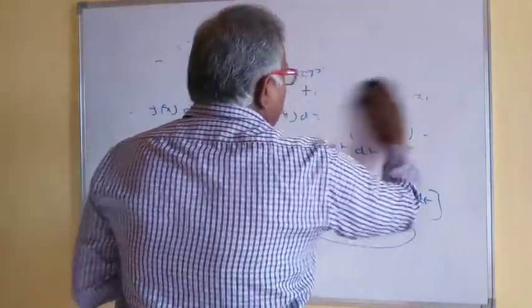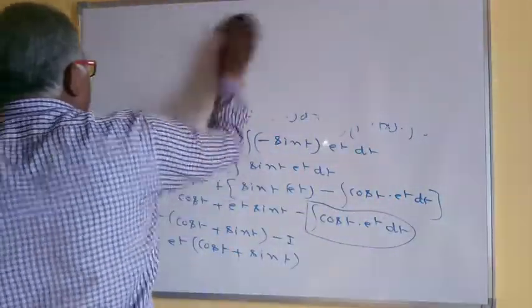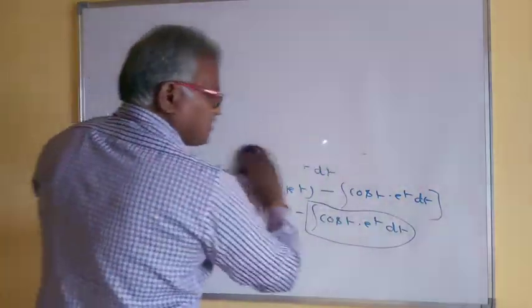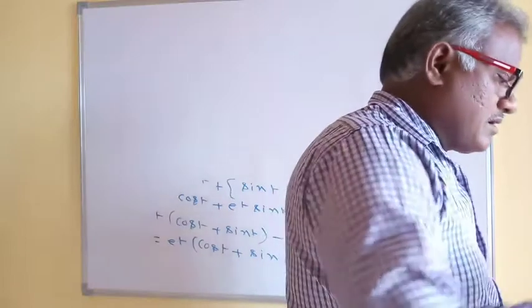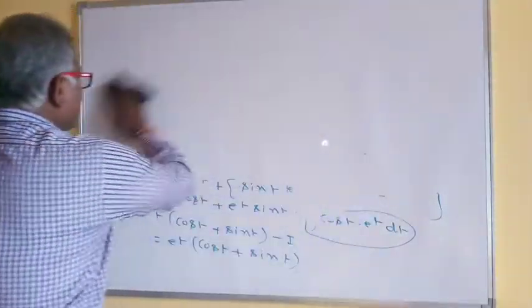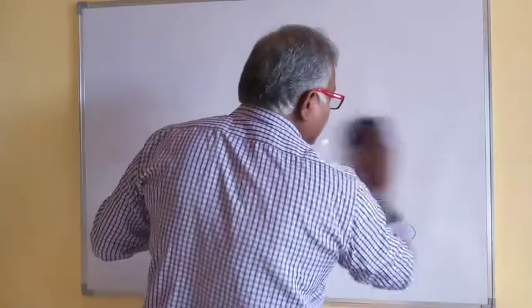So in exercise 6c, complete Roman number 1. Roman number 1, problems 1 to 8, and Roman number 2, problems 1 to 18, and also the extra problem.